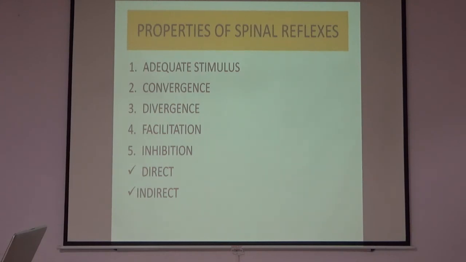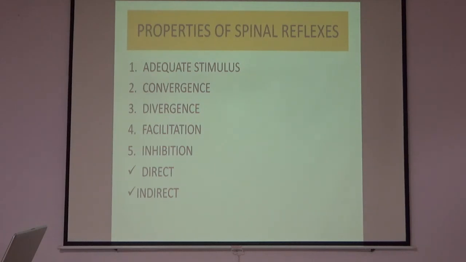And even Renshaw cell inhibition, that is the interneuron inhibition, is also seen. Then we have inhibition types, direct and indirect. Direct inhibition is postsynaptic inhibition, indirect is presynaptic inhibition, and we have talked about all of this in great detail in the past.